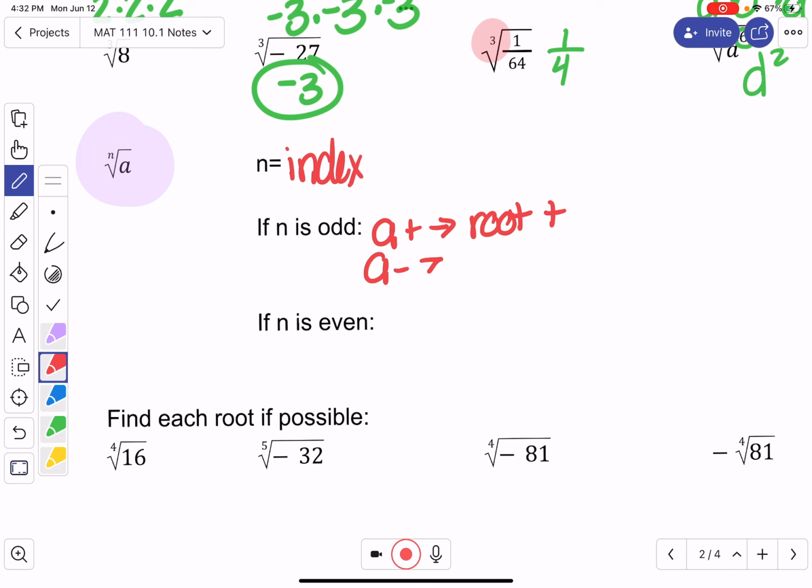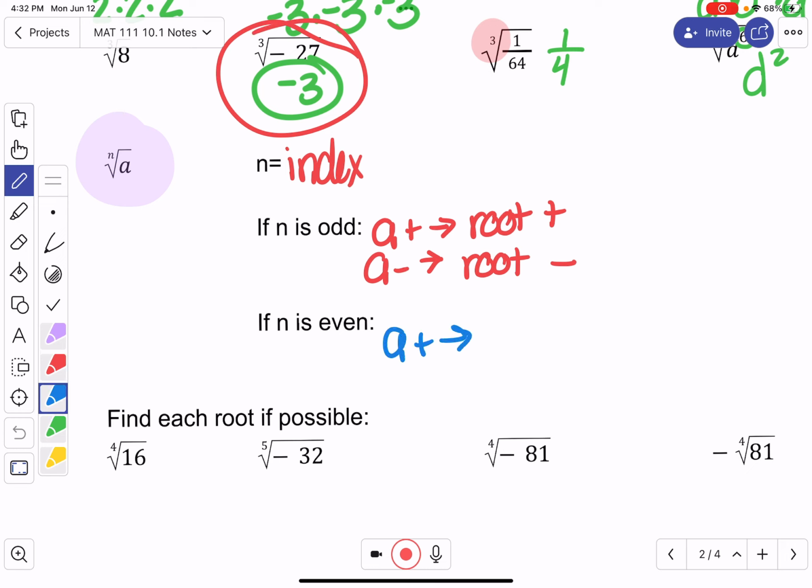If a is negative, your root is negative, like we saw up here with the cube root. If n is even and a is positive, your root is a plus and a minus, because those evens are going to cancel out. If it's negative, there's no real solution. That's where we got the -4 that gave us an error.